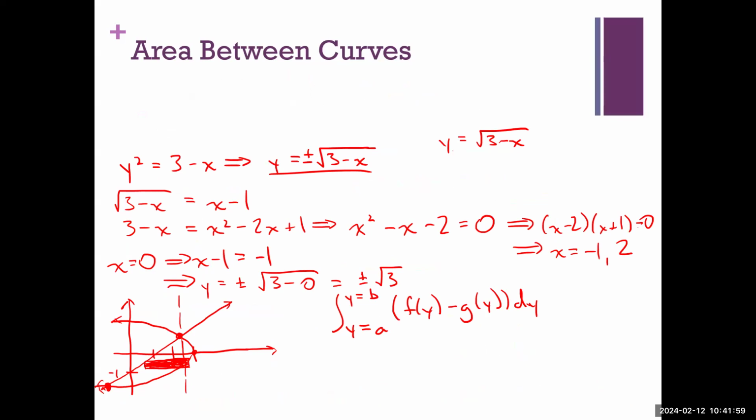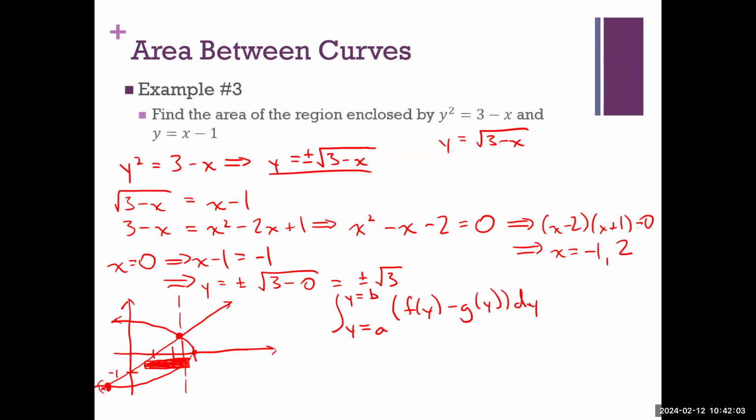So in this situation, I want to know what the greater curve is. What's the greater curve going to be here? It's going to be that y squared, right? So the greater curve is going to be the parabola, and the lesser curve is going to be the straight line. Are we okay with that, first of all?